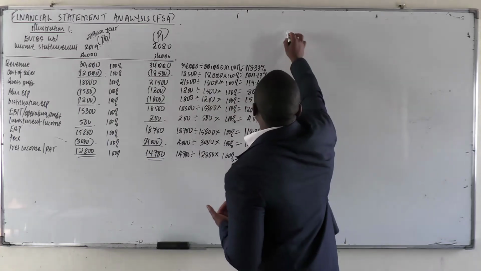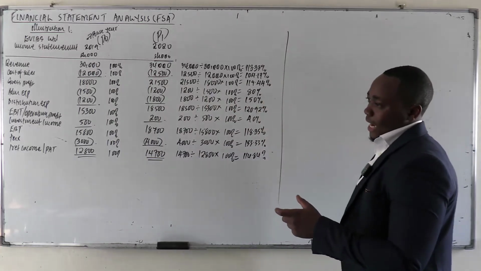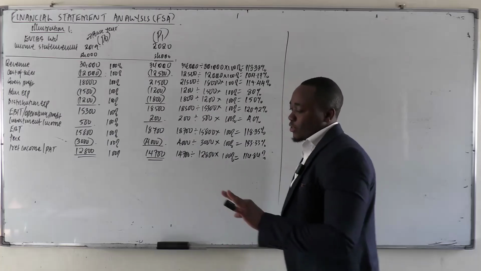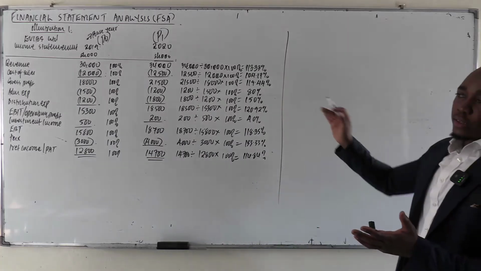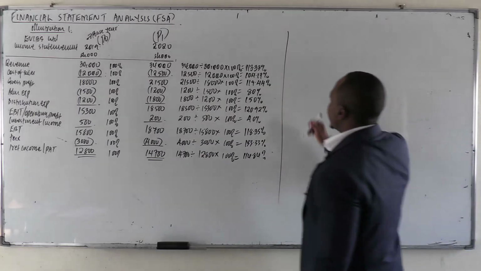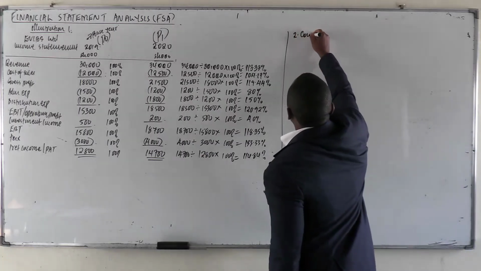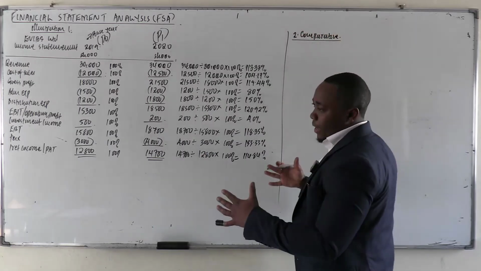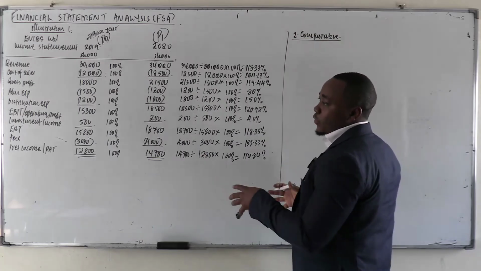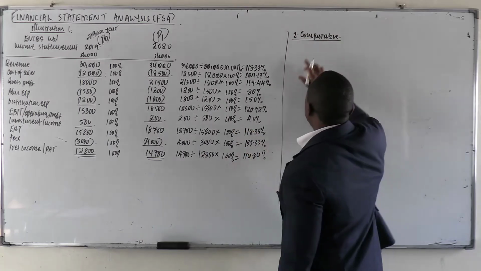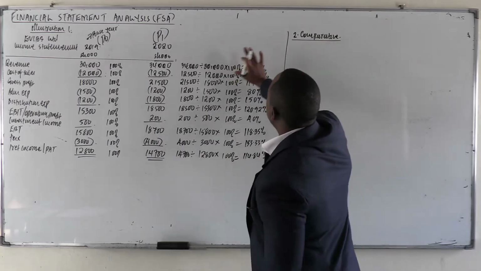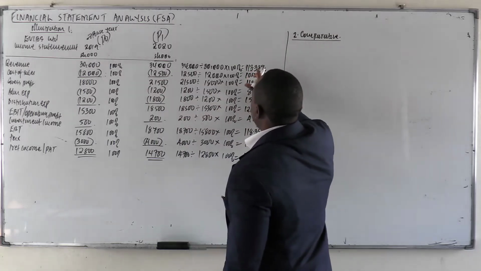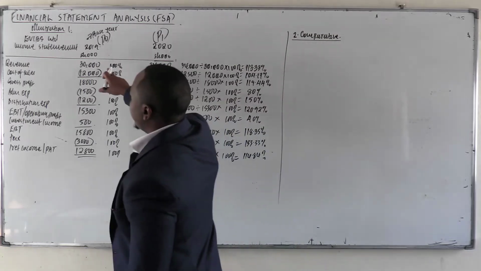Whereby, if you are to determine now the percentage change, that's what gives rise to our second tool. Remember, I said that there are three tools of financial statement analysis. One was the common size, the other one was comparative. For the comparative, you are comparing one period against another period. It's more of the trend analysis or horizontal. But the difference between this and the comparative is that, in this case, we are expressing that this is 113.33% of that of 2019.